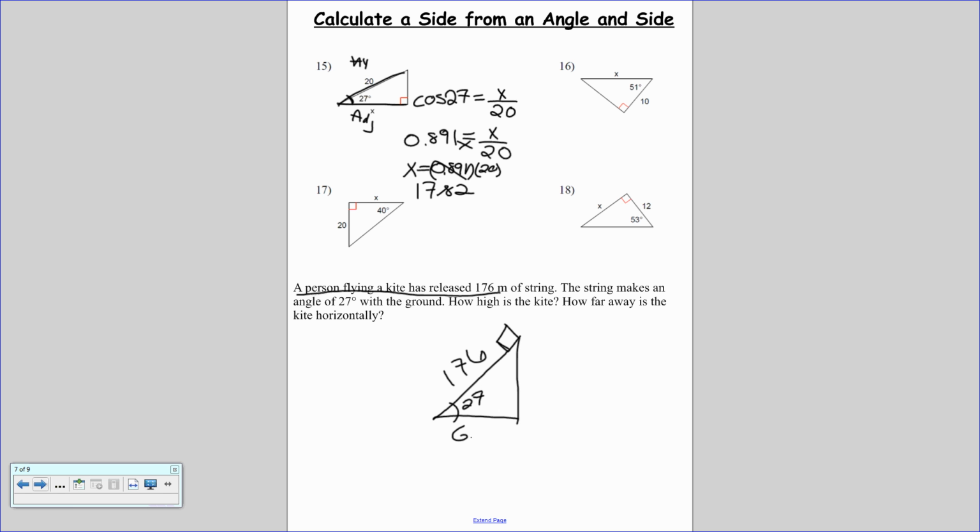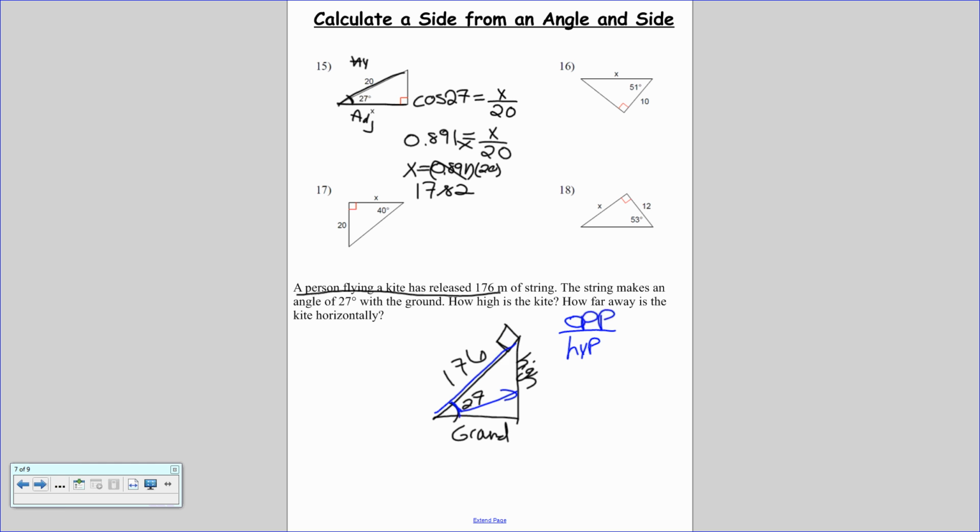Okay, so if this is the ground, how high the kite is over here. Okay? So if my angle is here and I want the height, I'm looking for the opposite side. Okay, so I know I'm either using sine or tangent. My other side is 176, and that's the hypotenuse.